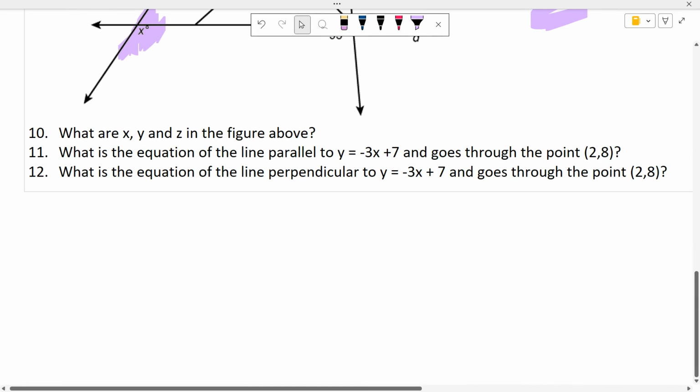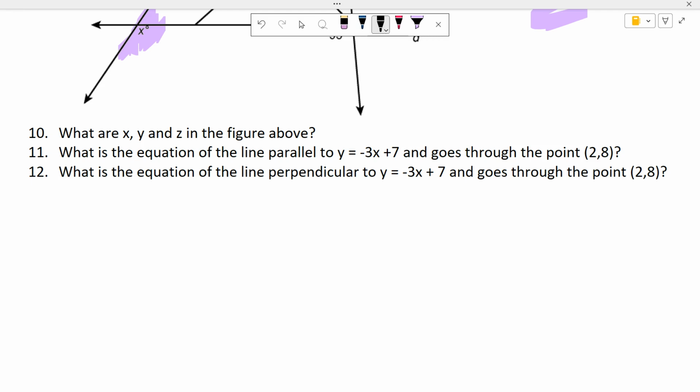The last two. Okay. What is the equation for the line parallel to this and goes through point (2, 8)? Okay. So, what's the slope of this line right here, Kenzie? What is the slope? The slope is the number in front of x. -3, young lady.